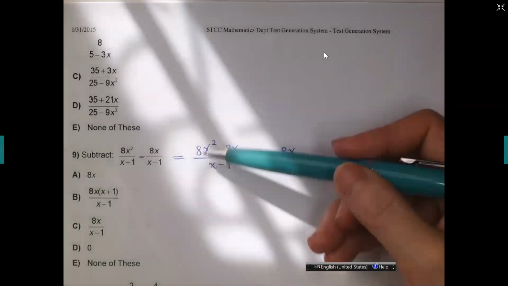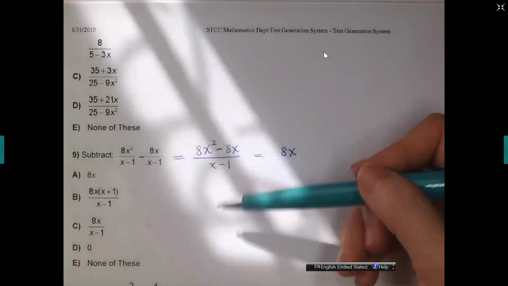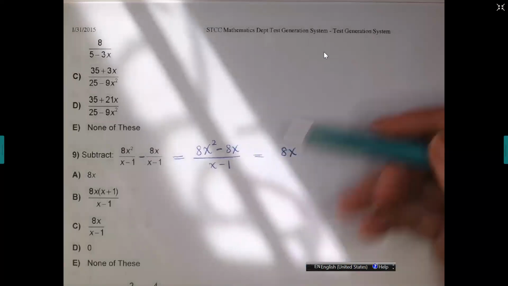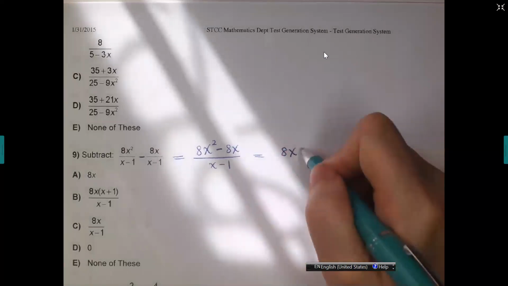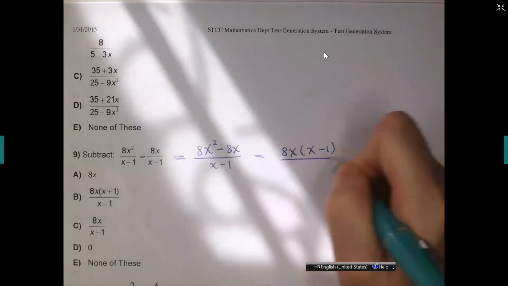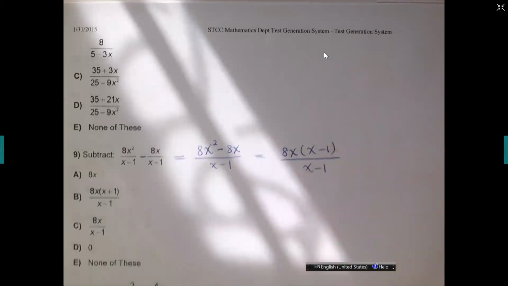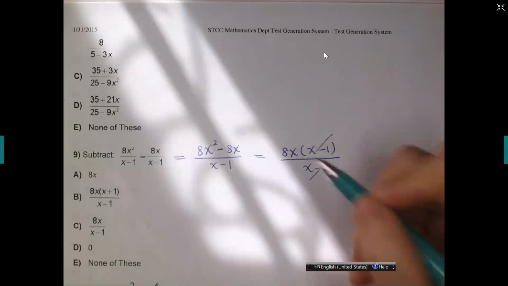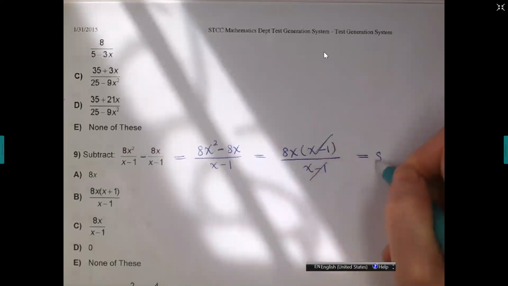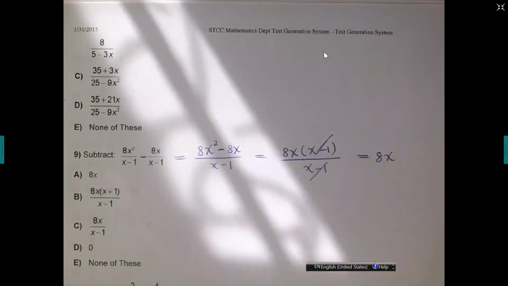Given one rational expression, simplify it. How? Factor the numerator and denominator respectively. For the numerator, I can factor it as 8x times x minus 1 over x minus 1. Then compare. They have the common factor x minus 1. The final answer will be just 8x. And this 8x is on the top.